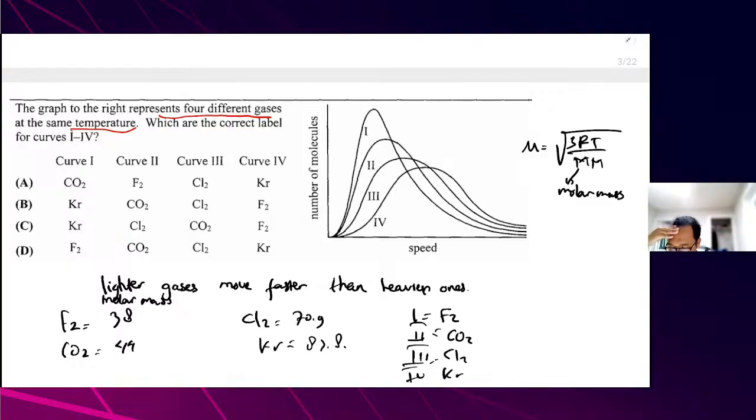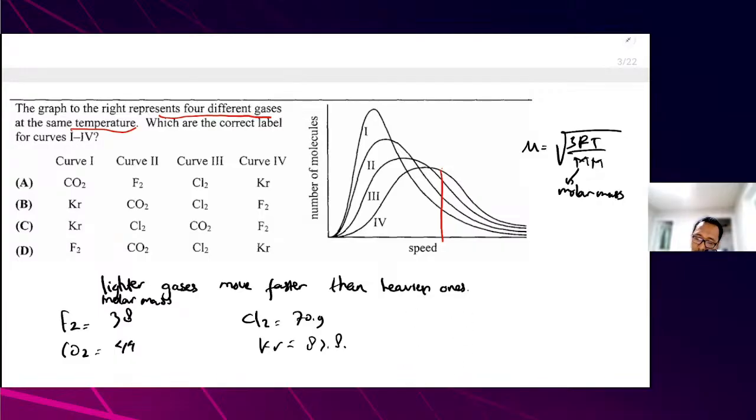Oh, okay. This is the highest one, right? It can achieve the highest speed. So I think we made something wrong over here.